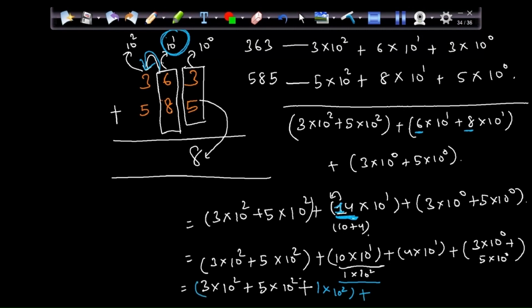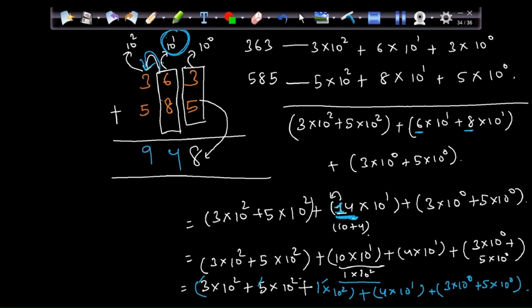Okay? 4 into 10 to the power 1, and then plus 3 into 10 to the power 0 plus 5 into 10 to the power 0. So this is what it is. And hence 5 plus 3, 8 plus 1, 9. 9 will be here. And 4, so 948 is the answer.